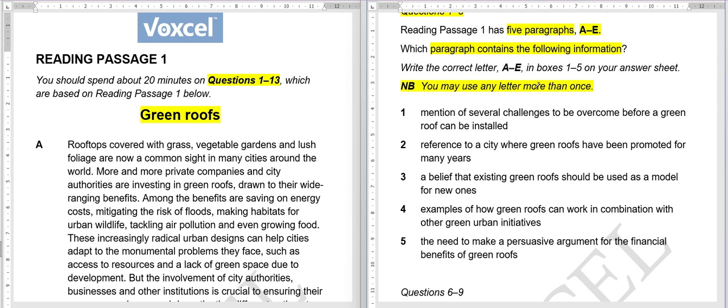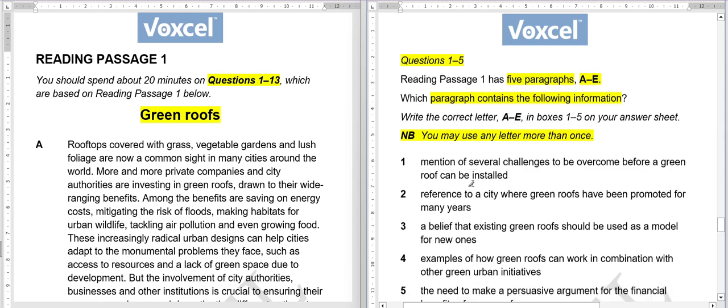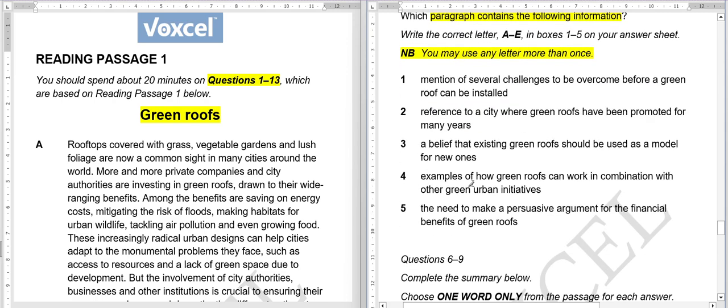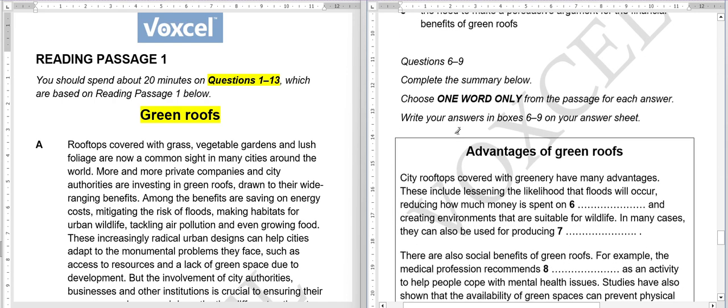So 'you may' means you may or you may not. But if this is written, there is a 99.99% chance that one letter will be repeated. If that is the case, then at least one paragraph will have no answers in it. I hope it is clear. I'm just talking about these 5 questions, nothing else. Clear? Let's look at the remaining sets.